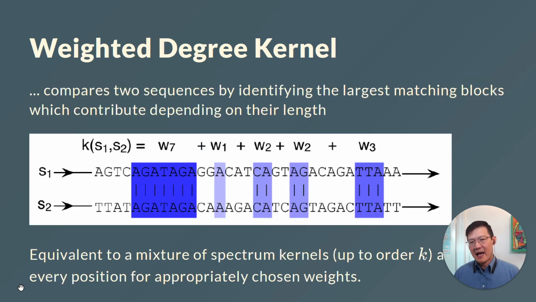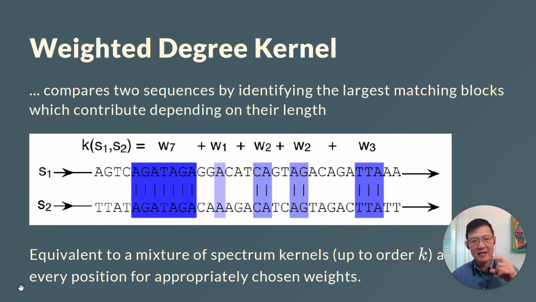To do this, you can use something called a weighted degree kernel. The way you do this is you take two sequences and identify the largest matching blocks between them. For each matching block, you add it to the kernel.